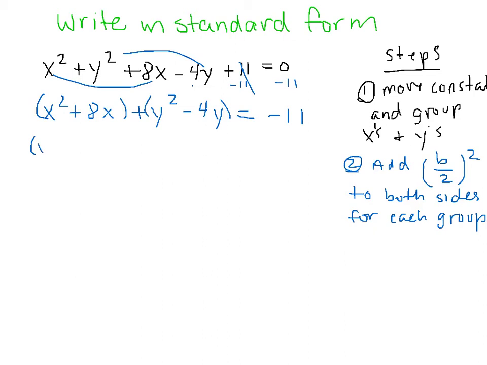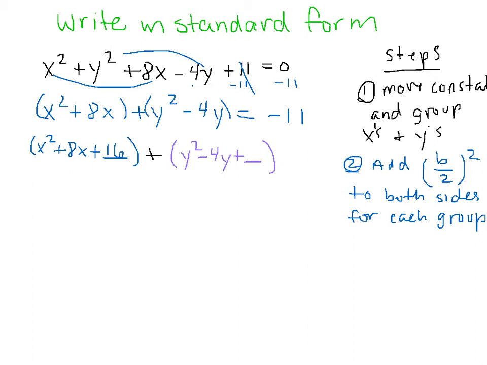So we're going to have x squared plus 8x plus blank, and in that blank is half of the middle squared. Half of b, which is 8, so b is 8, half of that is 4, squared would be 16. Then we're going to add our y terms, in a different color. We have y squared minus 4y plus blank.